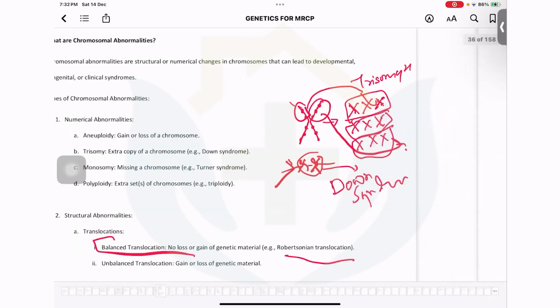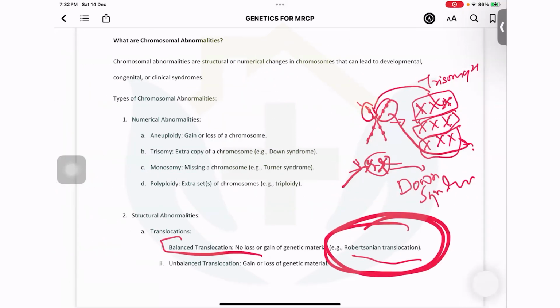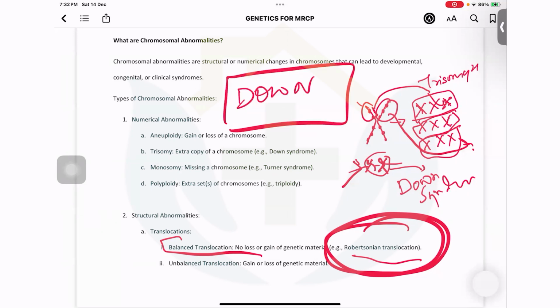And that is why sometimes in Robertsonian translocation, the patients do not have the same symptoms. They will have milder symptoms, a milder phenotype. Many times we see that if all Down syndrome cases are caused by trisomy 21, why are they different in behavior? Sometimes some have an extreme Down syndrome and some a very mild Down syndrome.